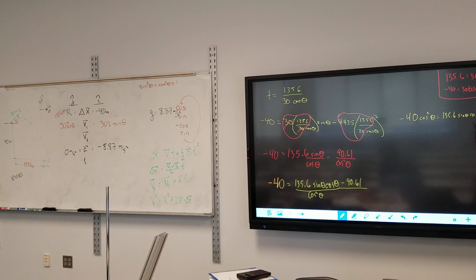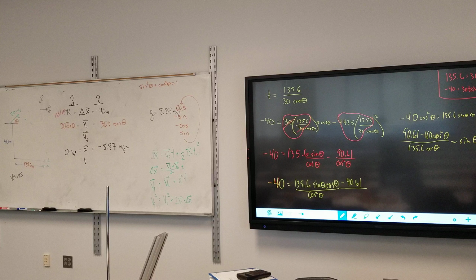What you need to do is get sine theta isolated, or either sine or cosine isolated. Probably sine isolated, so if we did that, we'd get 90.61 minus 40 cosine squared theta divided by 135.6 cosine theta is equal to sine theta.